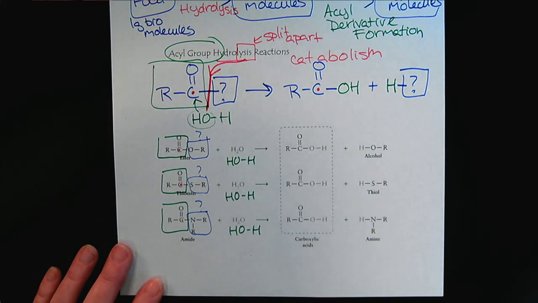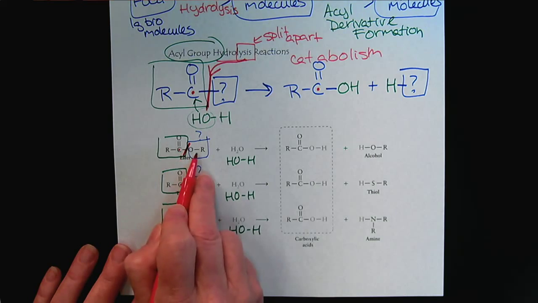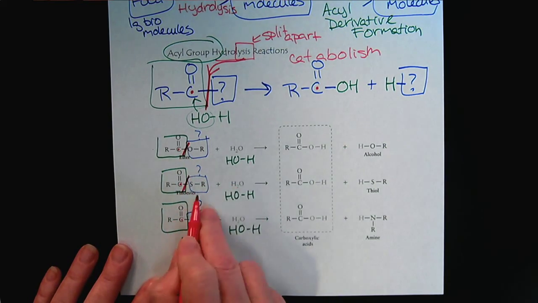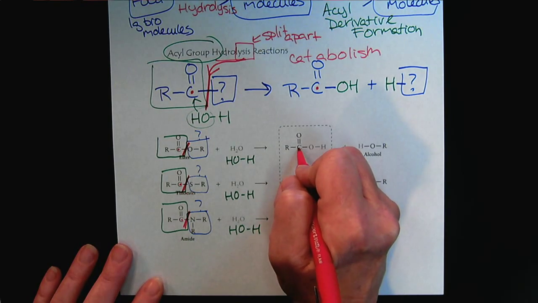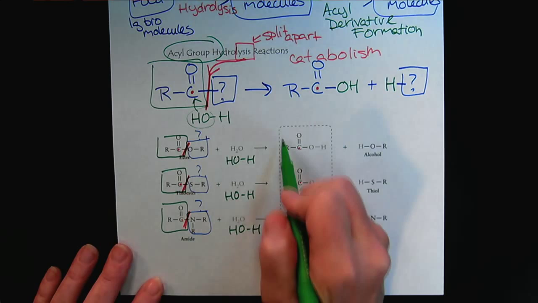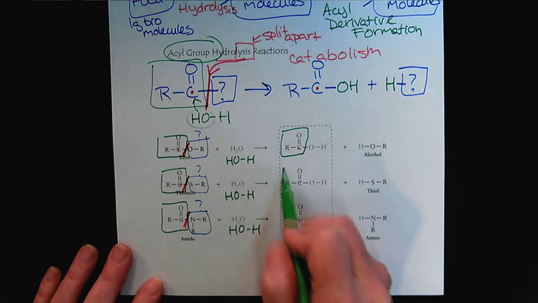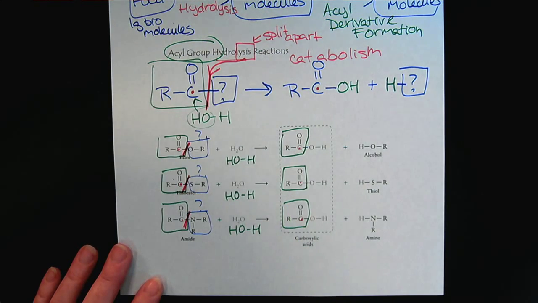So what's going to happen? We know the bond that breaks is the bond between the acyl group and the variable group, the question mark group. That's where the water comes in to split. That's where the hydrolysis occurs. Notice there's our carbonyl, and there's our acyl group. That's why we call these acyl transfer reactions, because the acyl group is not affected.